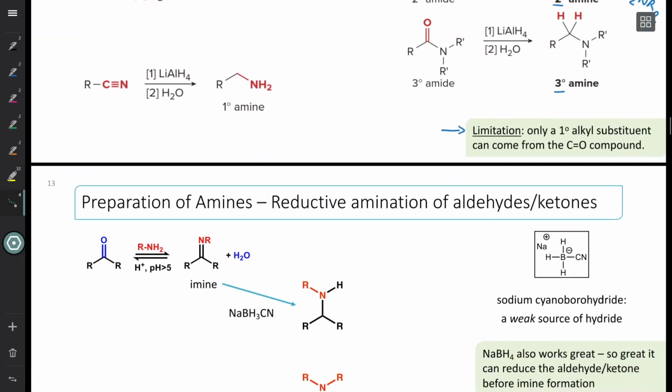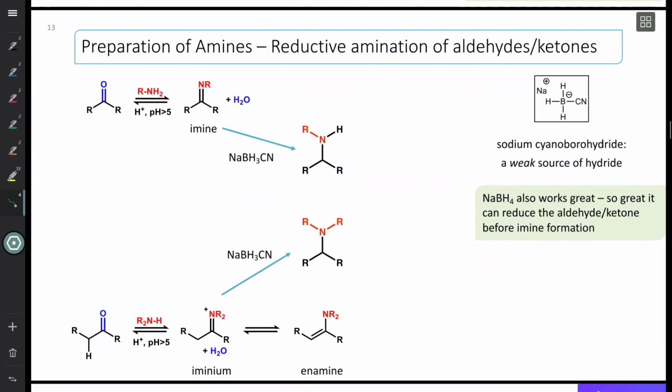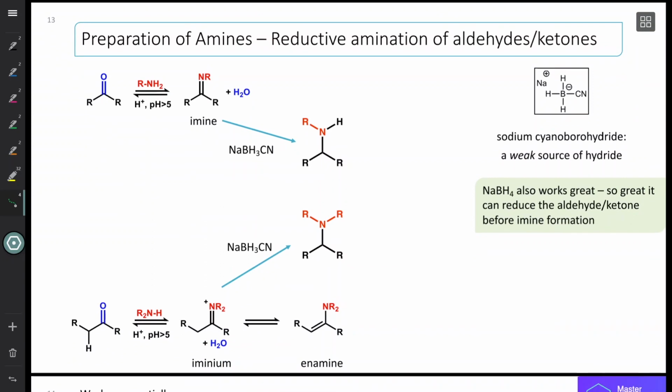So you can also prepare amines from reductive amination of aldehydes and ketones, and this will be able to give you that carbon with R and R substituents, right? So you could get a substituted carbon next to it.